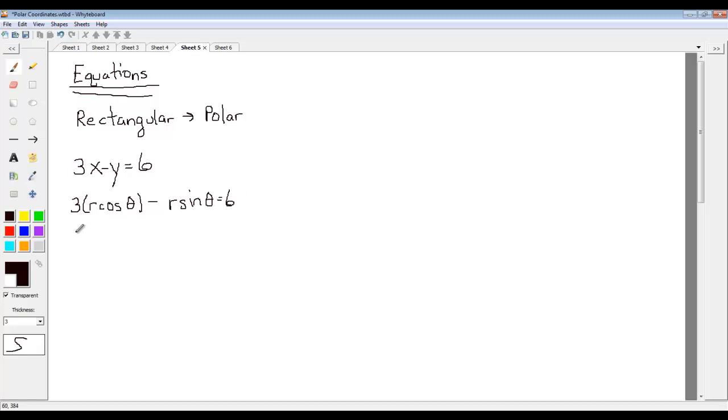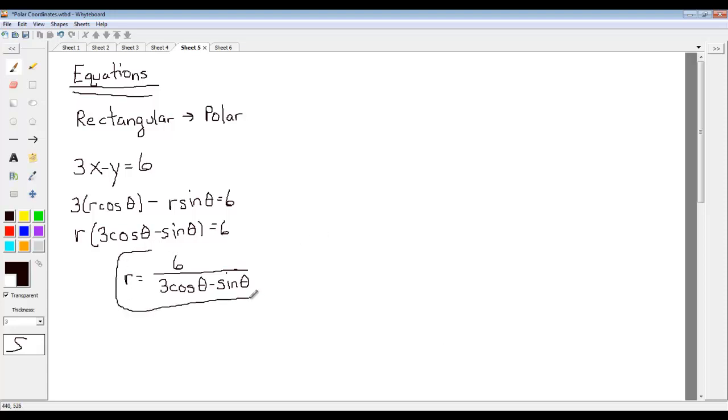So factor out the r. You get r times 3 cosine theta minus sine theta, and that equals 6. So r equals 6 over 3 cosine theta minus sine theta. Okay, interesting. You've actually got the polar equation of the same line.